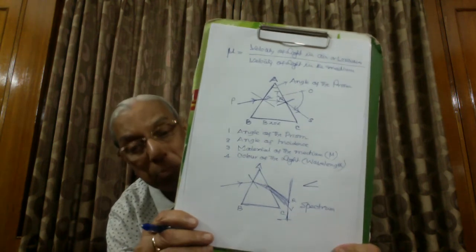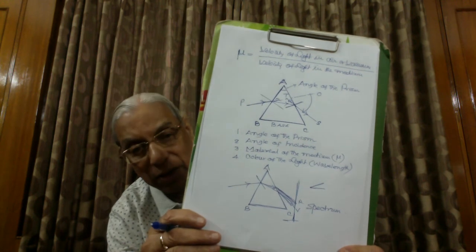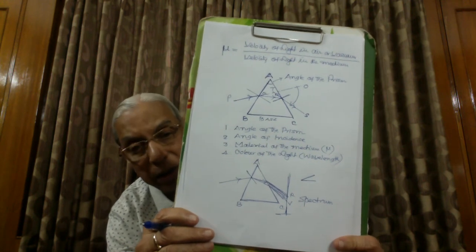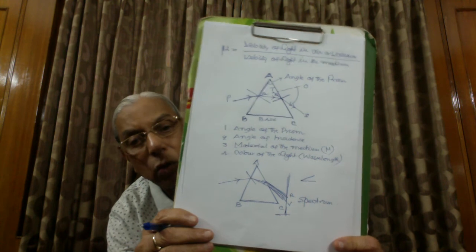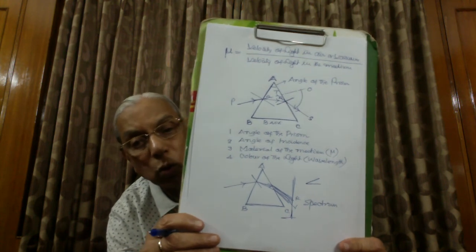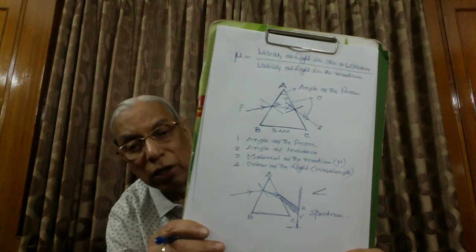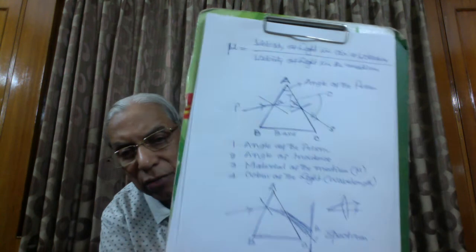Suppose you make all the rays incident on AB at the same angle, you get a pure spectrum. How to do that? You can do it using a convergent lens, that is, a convex lens. Suppose you take a biconvex lens, you can see in the figure.